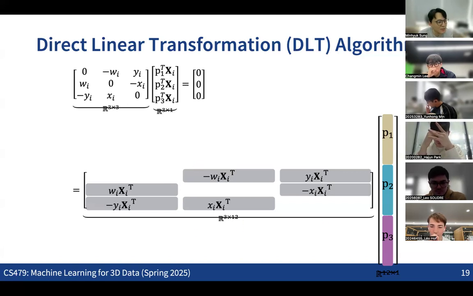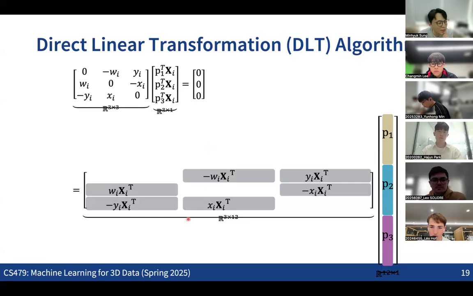It should be the same three-dimensional vector, and also the same as the zero vector, right? Is this clear? The difference is that instead of a 3 by 3 matrix and a 3 by 1 vector, now we have a 3 by 12 matrix and a 12 by 1 vector. Basically, we are expanding the dimension of the matrix while the output is identical, right? Is it clear? Any questions on this?